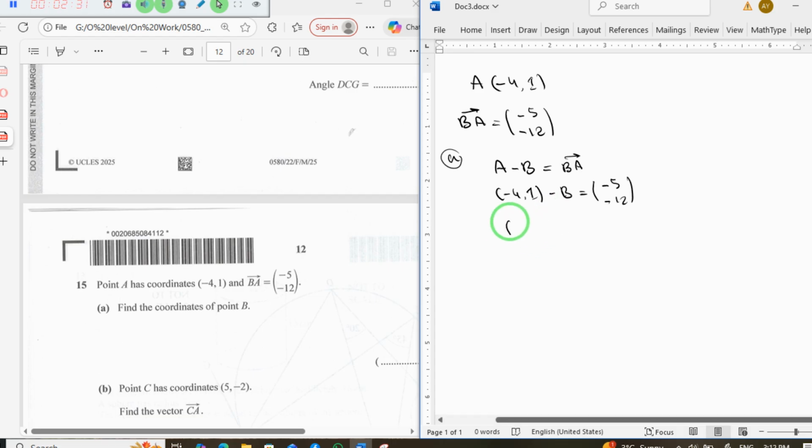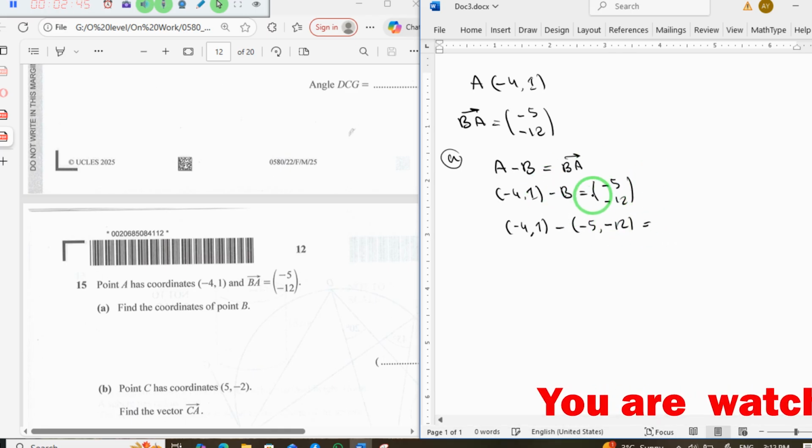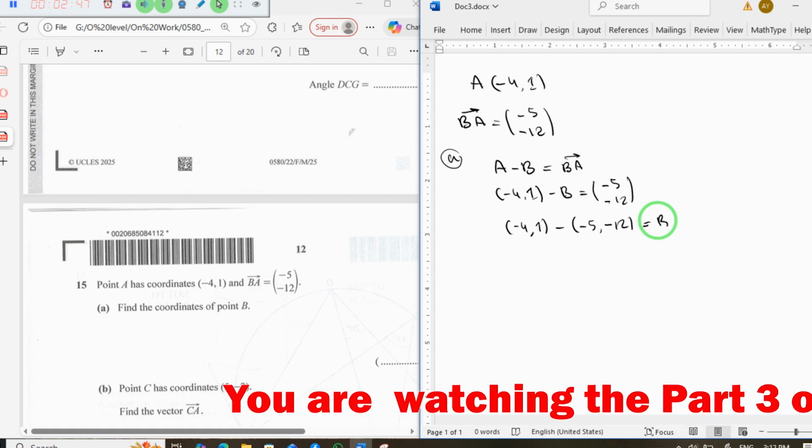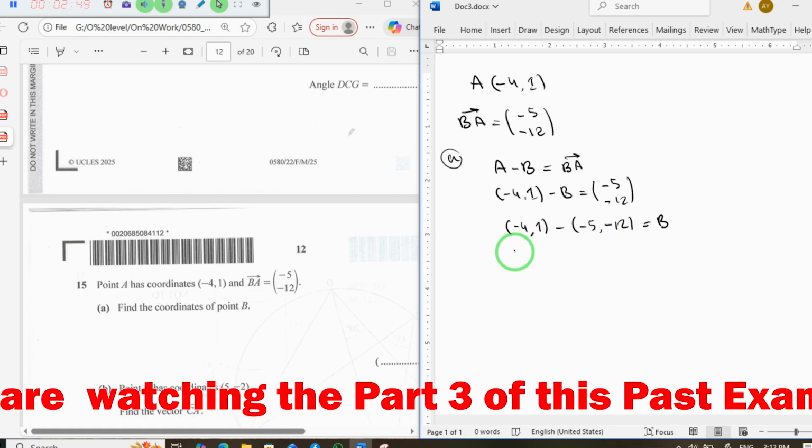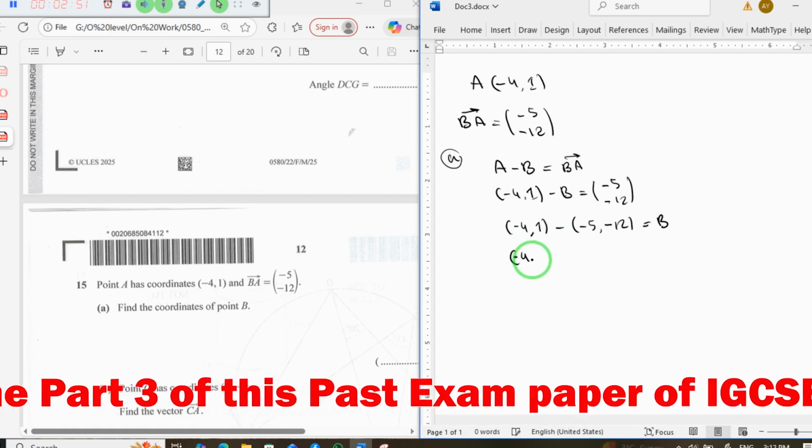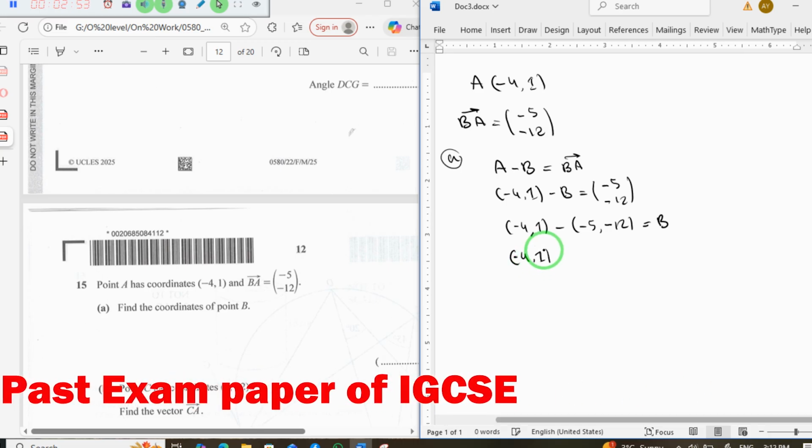Then we can write -4 and 1 for A, the same. We carry over this one, -5 and -12, equal to B. B we carry over to the right side, change to positive. Then we have -4 and 1.